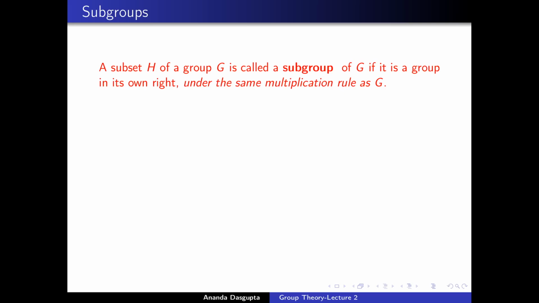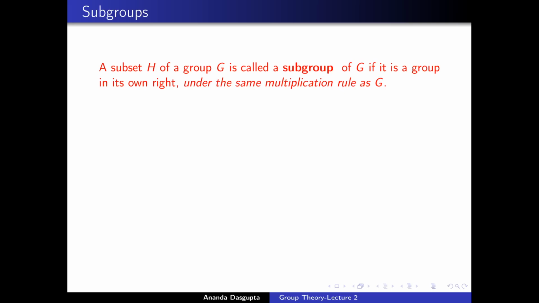We then went on to talk about SLNR, where the elements were matrices which had determinant 1. Of course, every such matrix is a matrix with non-zero determinant, so the set underlying SLNR is actually a subset of the set underlying GLNR.